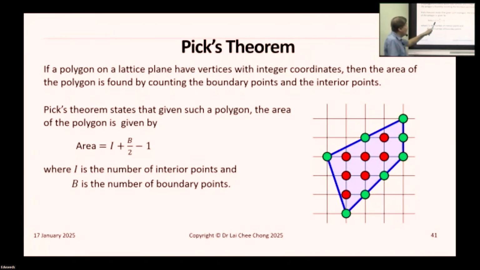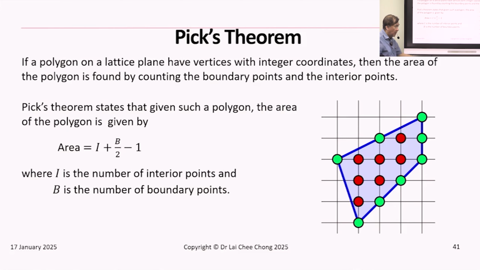I is the number of interior points. B is the number of boundary points. And it says that if you take the number of interior points plus half of the number of boundary points minus 1, you will find the area of the polygon. It's a lot easier. Am I right?